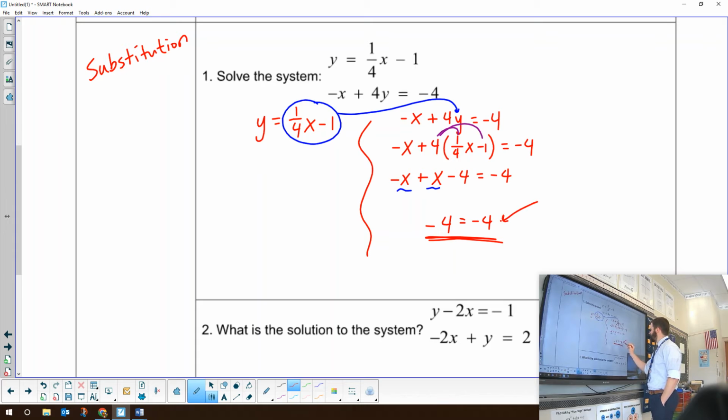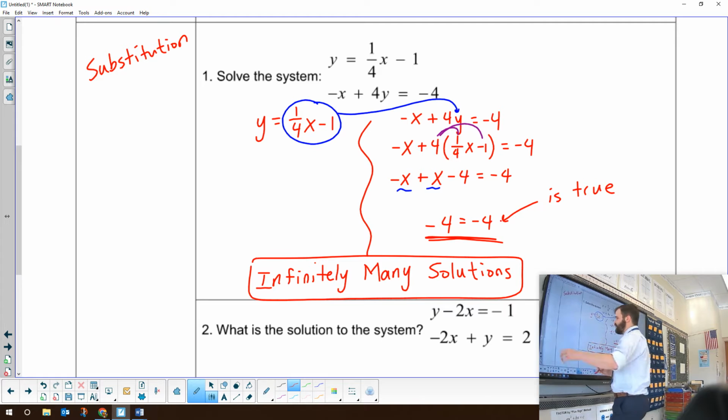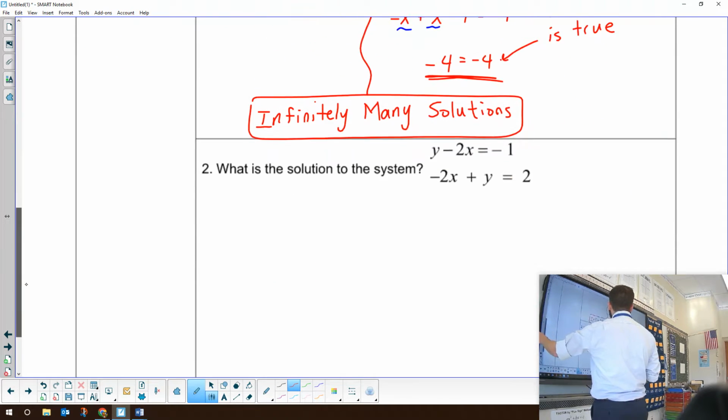That one is true, and so my answer is going to be infinitely many solutions. Okay? Infinitely many solutions. And that'll be my answer there. All right. So that's how we know if it's infinitely many.